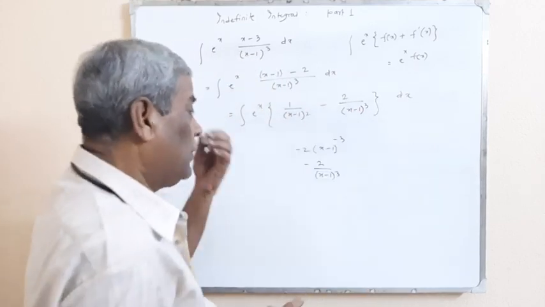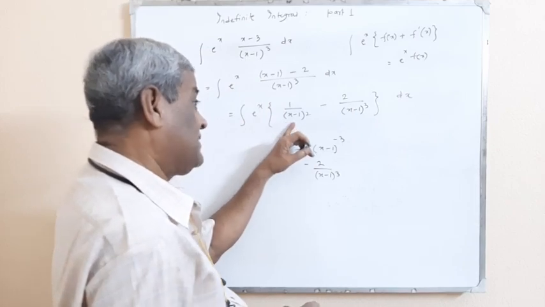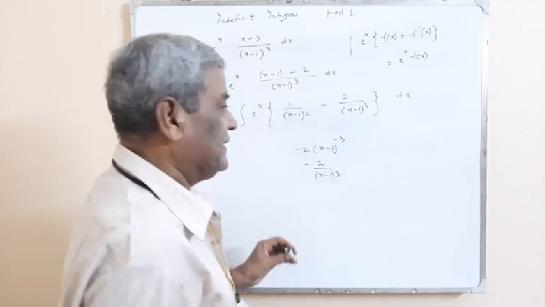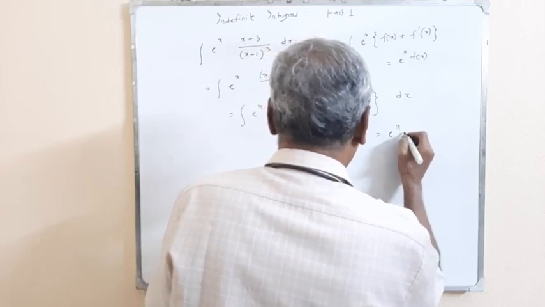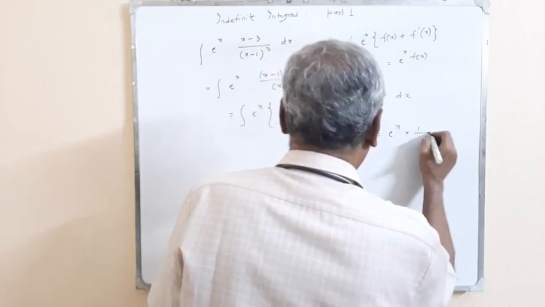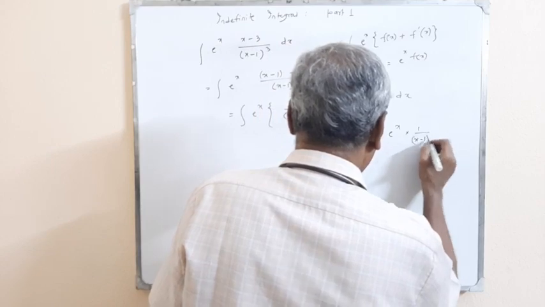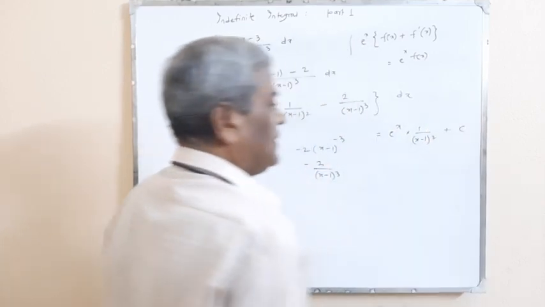So if we take this as f(x), then this is f dash x. So our answer is e to the power x into 1 by (x minus 1) whole square plus c.